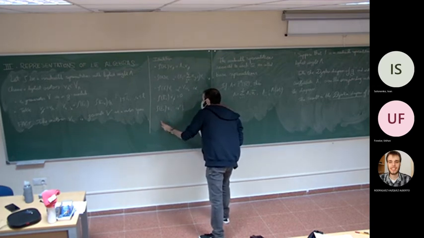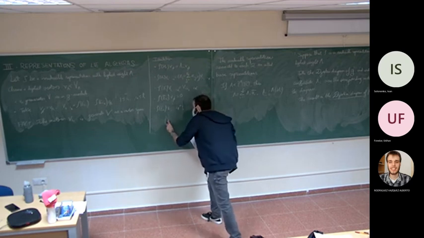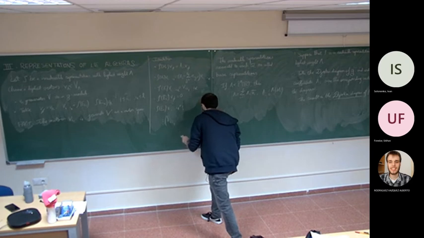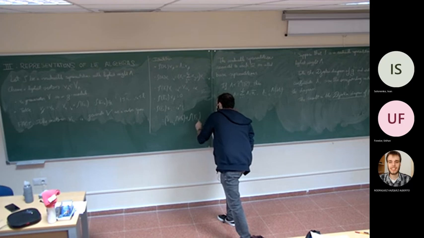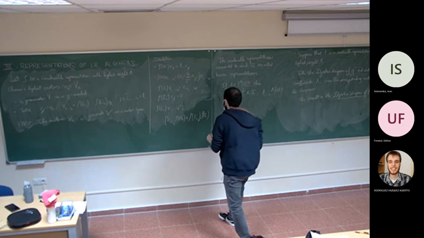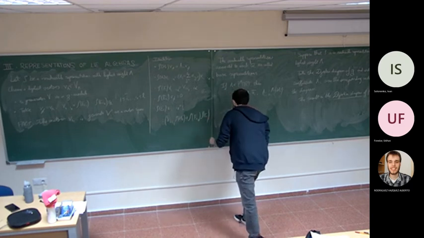I'm going to write it here because it's a little long, delta of i1, rho of h_i, plus rho of f_{i1}, rho of e_i, everything multiplied by V_{i2...ik}.